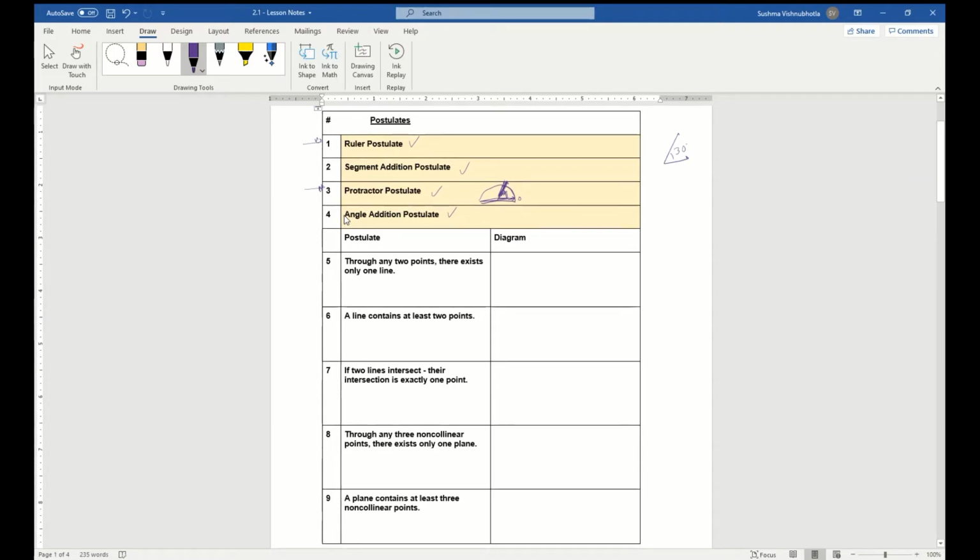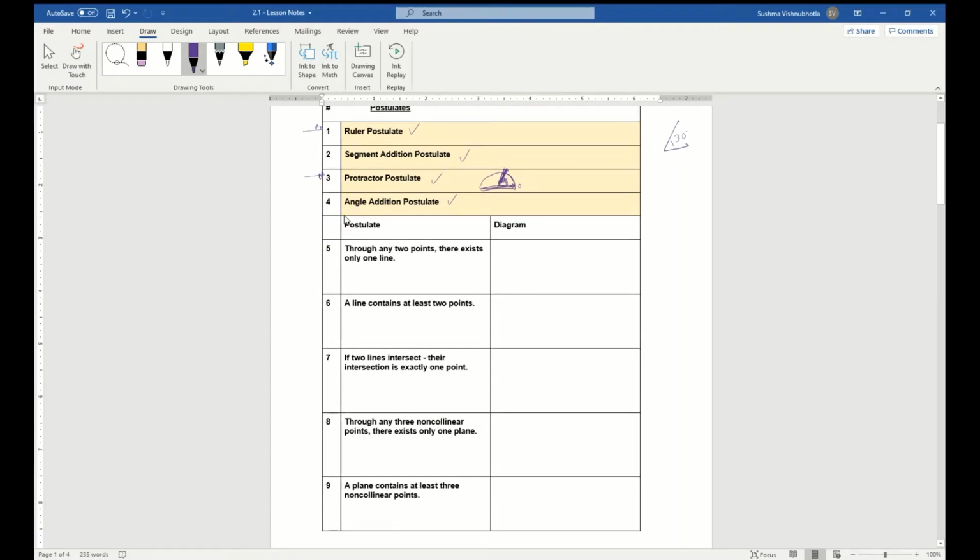Okay. So postulate 5, we've also kind of talked about this. Through any 2 points, there exists only one line. So through any 2 points, you only have one line. In my diagram, if I was to represent this, I would say the word if and draw 2 points, because this is sort of my condition. This is what has to exist in order for me to make the conclusion that there's only one line.